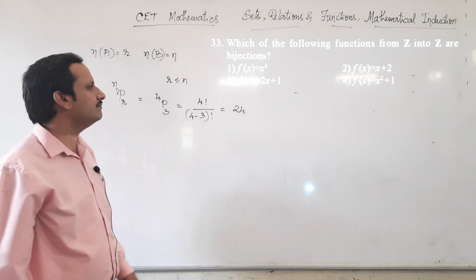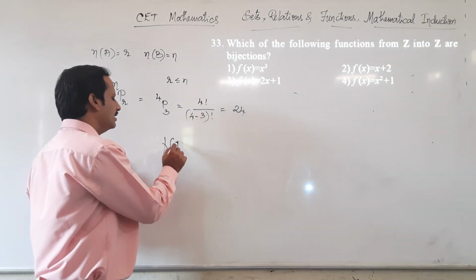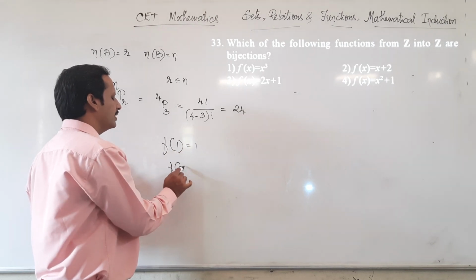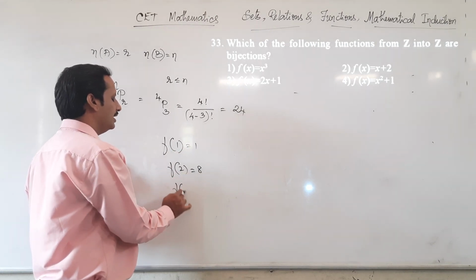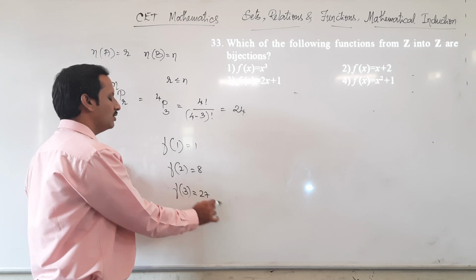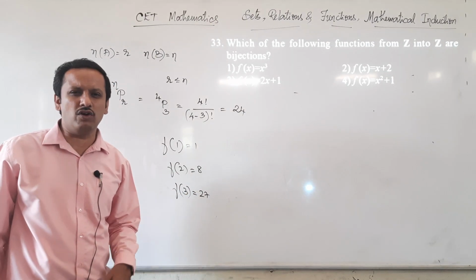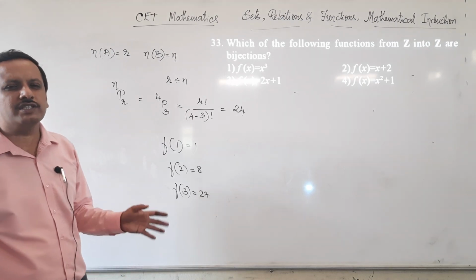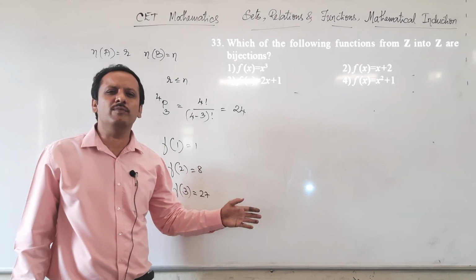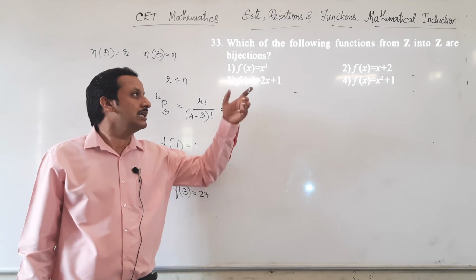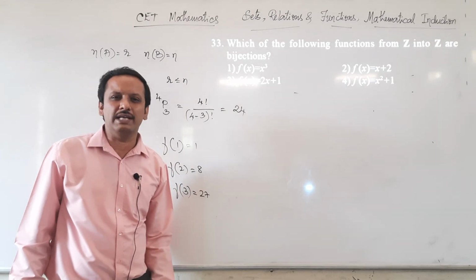So here f(1) is equal to 1, f(2) is 8, f(3) is 27 and so on. So this is a 1-1 function, alright, but not an onto function, because onto function means every element of the codomain should have a pre-image. Now the set defined is the set of all integers.